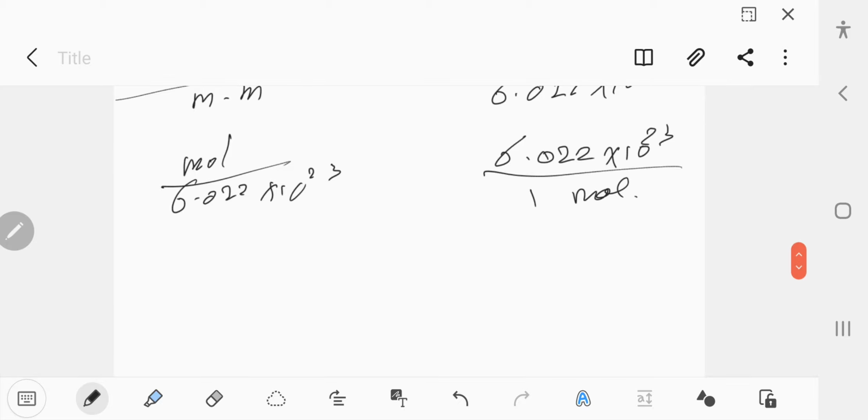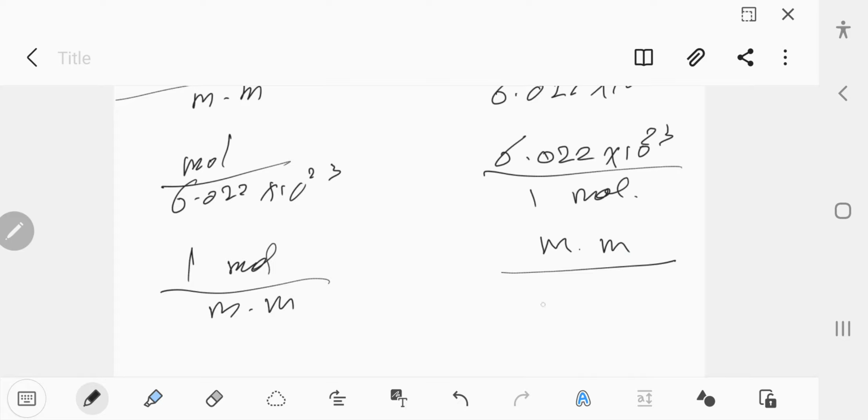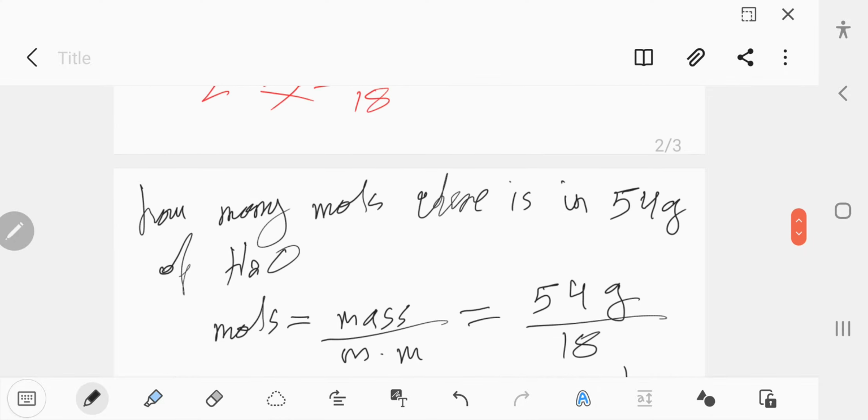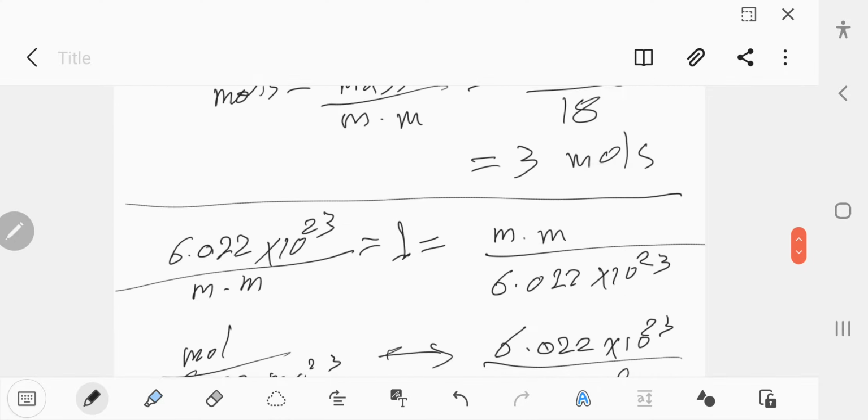Or we can use the mole with the molar mass, so it will be 1 mole over the molar mass, or molar mass over 1 mole. And we can use these conversion factors also to solve the previous questions. It will be the same thing.